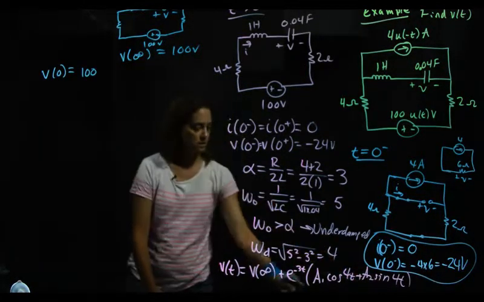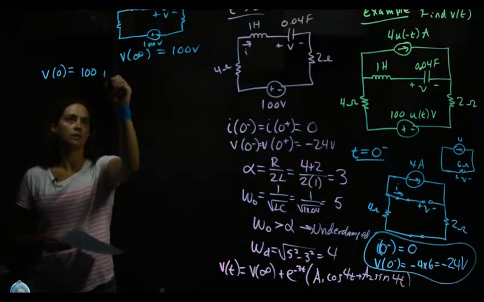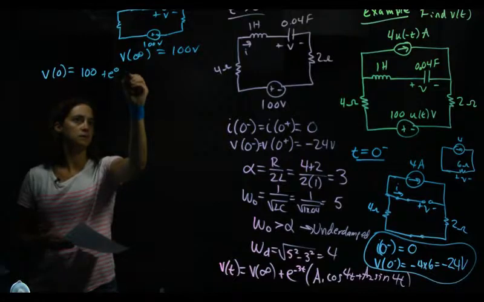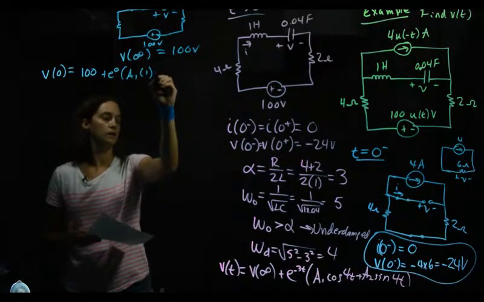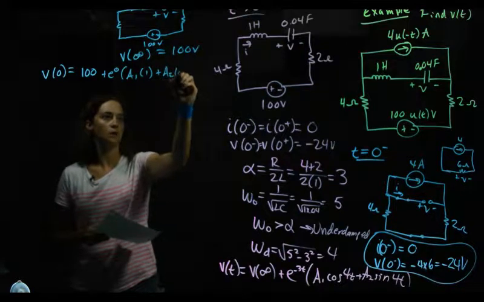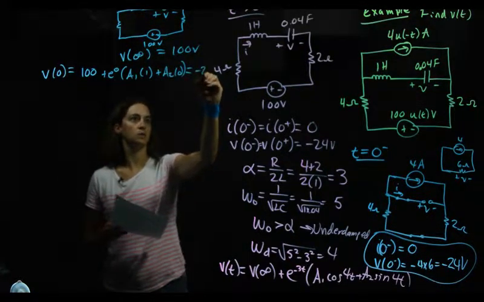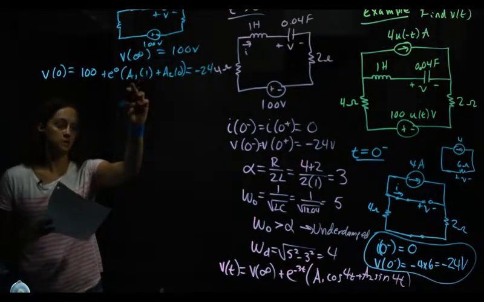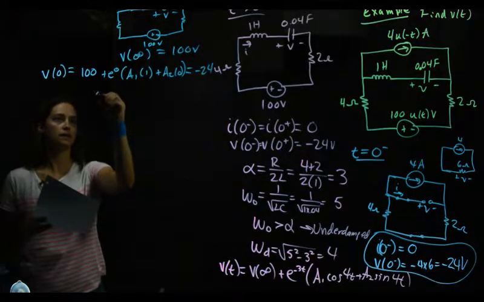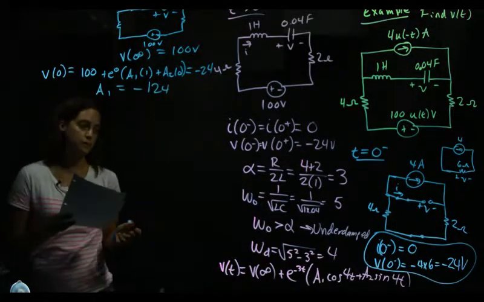Sine of 0 gives us 0. So all we have is this term when we're plugging in 0. We have e to the 0 times a1 times 1 plus a2 times 0. And that's equal to minus 24. So I end up with just my a1 as my unknown in here. And a1 equals minus 124. So there's my first one.